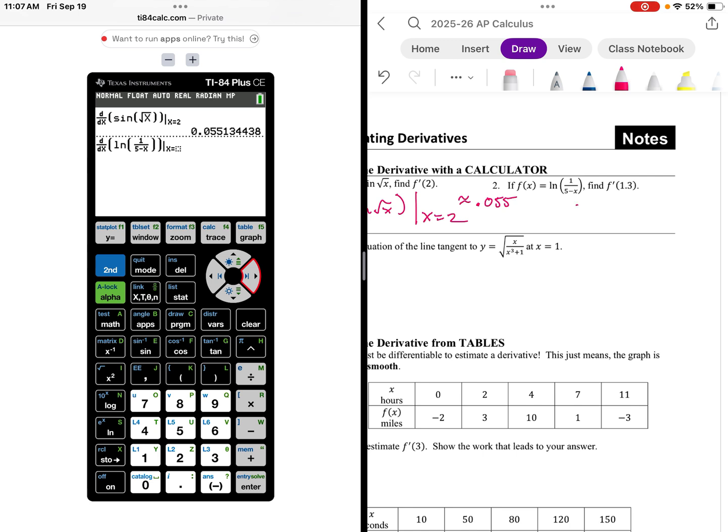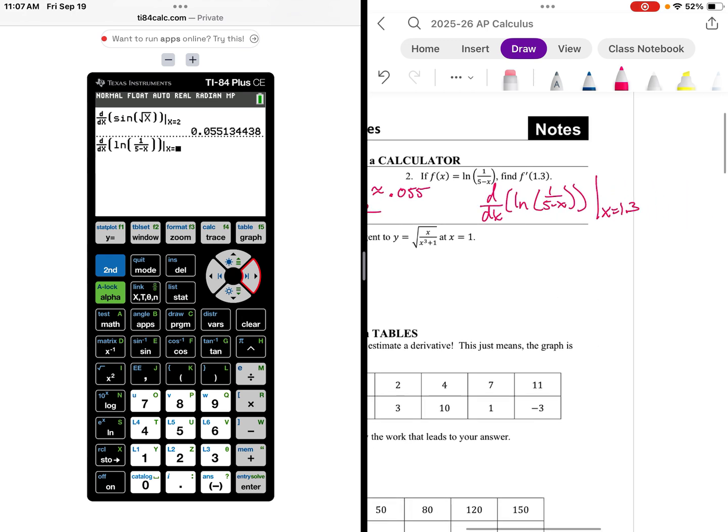So as I write my code here, d/dx of the ln of 1 over 5 minus x, where x is equal to 1.3. So what is that approximately? Hit enter. It's approximately 0.270.